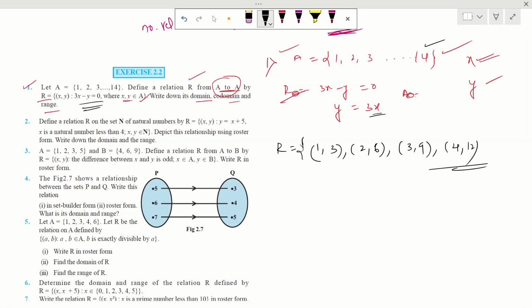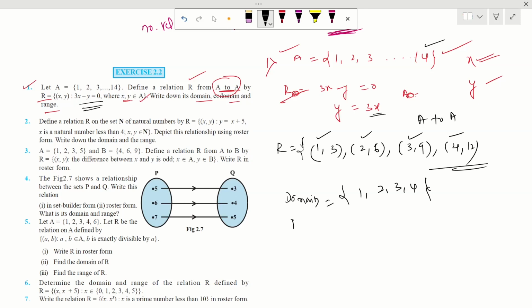Now we can write the domain. The domain is the values matching from A to A, meaning the first elements, here we have 1, 2, 3, 4. The domain is 1, 2, 3, 4.